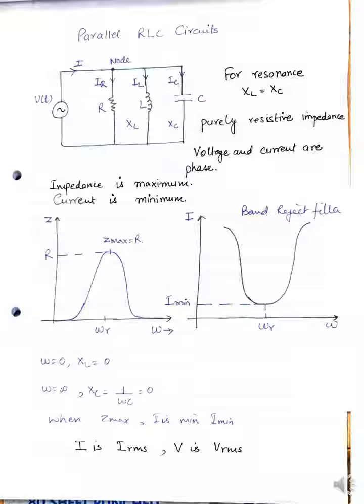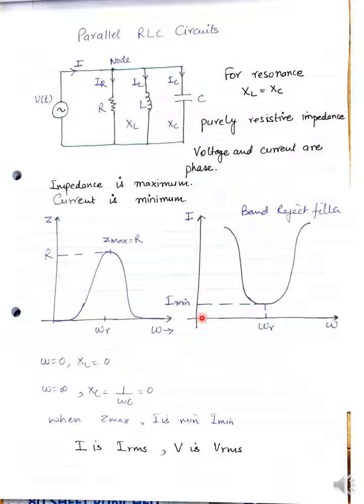Then you can see the curve will be something like this. So it will be Z max equals to R if you are plotting with respect to Z, the resonant frequency, and it will act as a band reject filter. Series RLC circuit was behaving like a band pass filter because it was passing certain frequencies in this form.